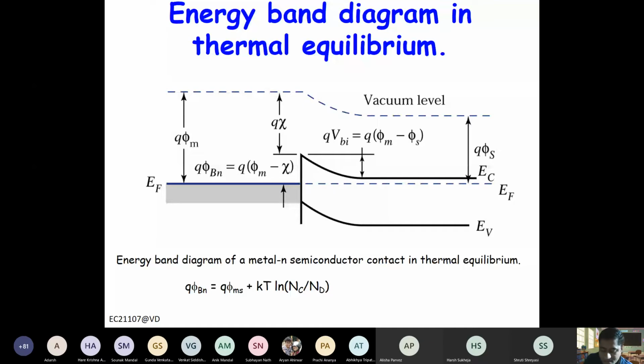See, for p-type semiconductor the Fermi level is somewhere here, right? So for p-type semiconductor, the valence band will be here, and accordingly the conduction band will be here, and it will look like this, right? So now you see the barrier for holes here.